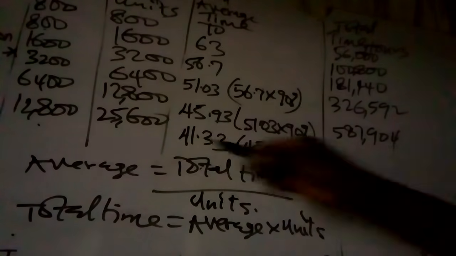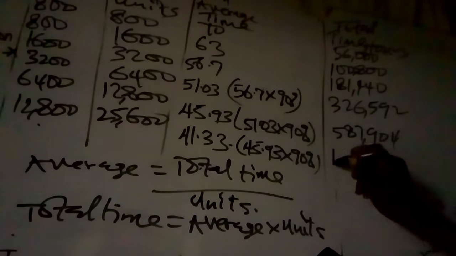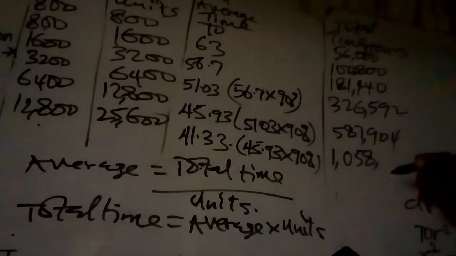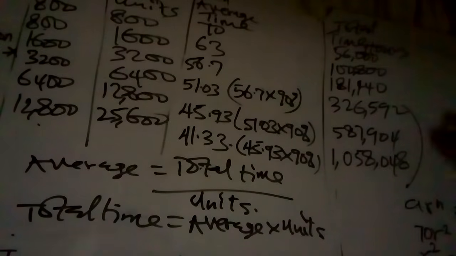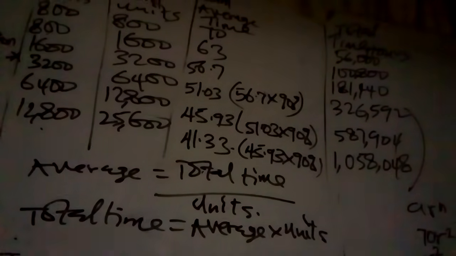And the last one, 25,600 times 41.33, gives you 1,058,048. These are the results required for January to March. That is the end of the solution to the question.